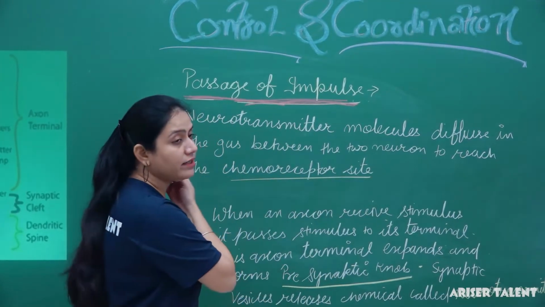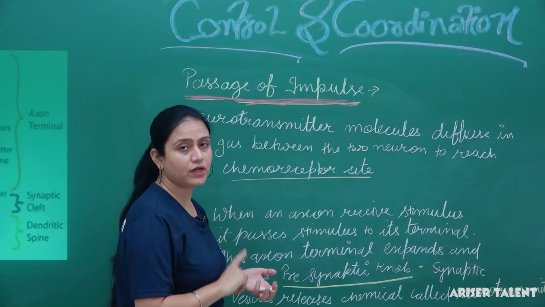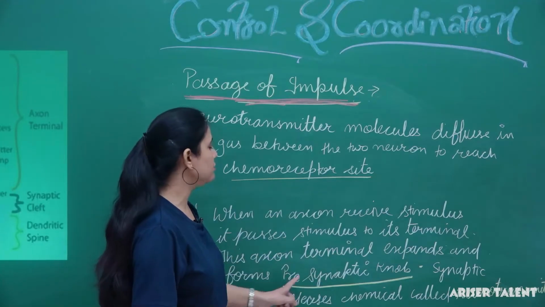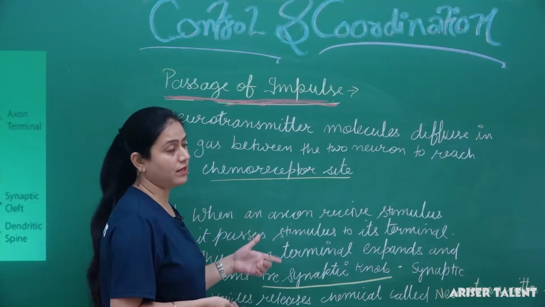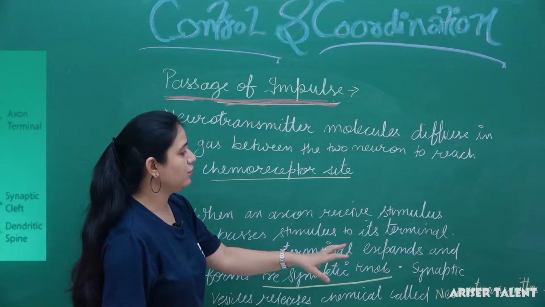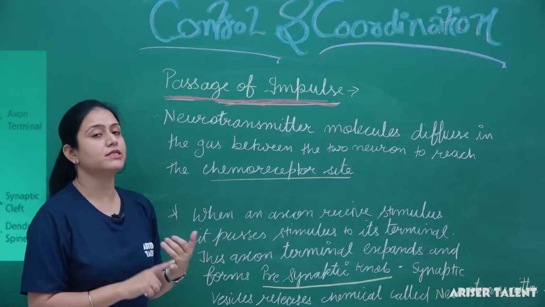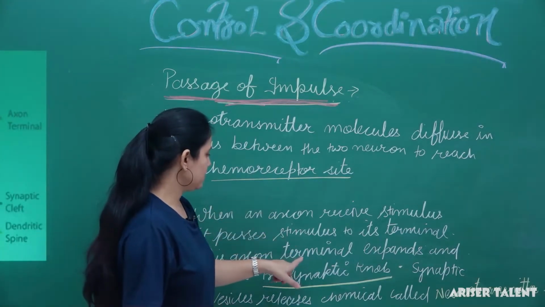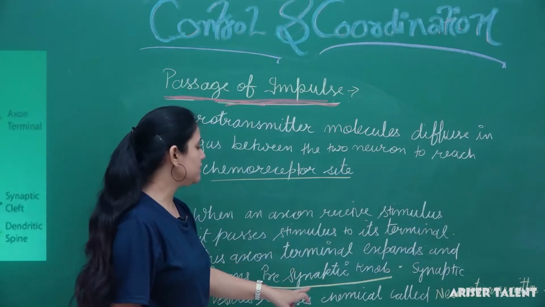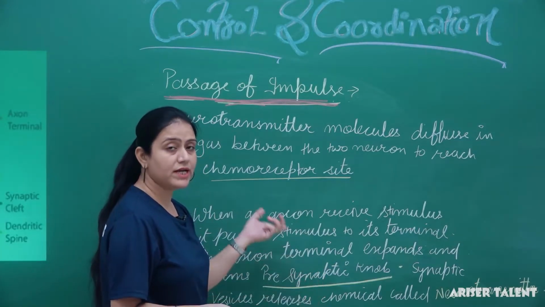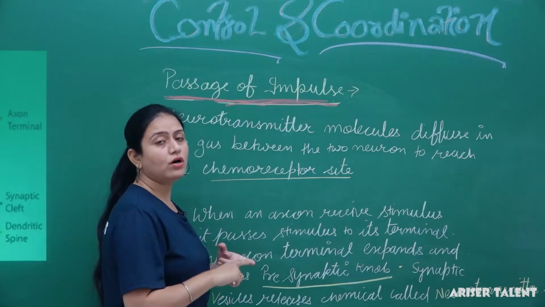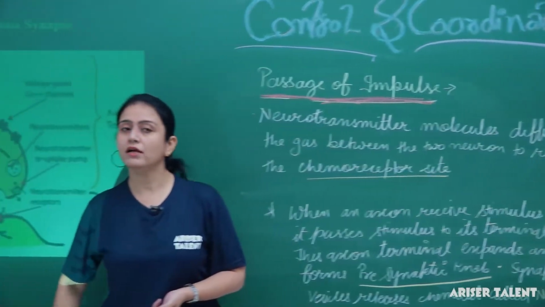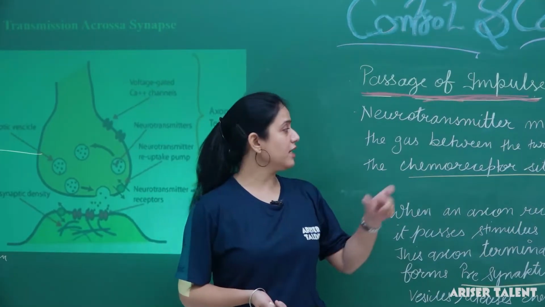And at that time, what happens? Here, as I mentioned, the axon terminal expands and forms the presynaptic knob. At the same time, the other neuron is already there, because as I told you, neurons are forming a chain. So when this axon terminal expands and forms the synaptic knob, at the same time the dendrite of the other neuron will form the what? It will form the postsynaptic depression, and then it will receive the impulse.